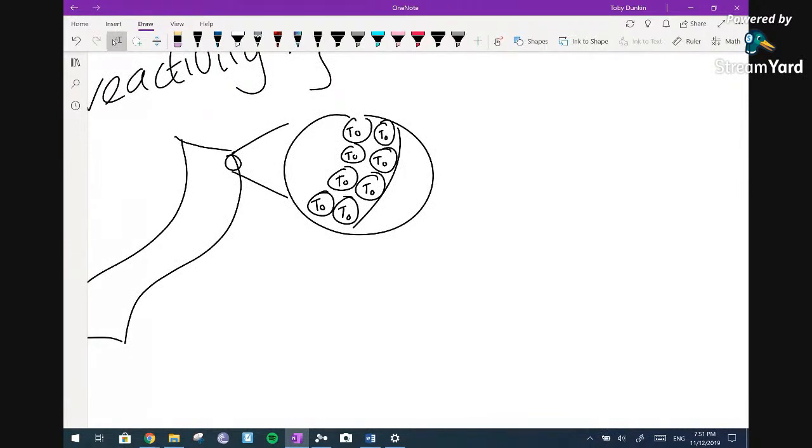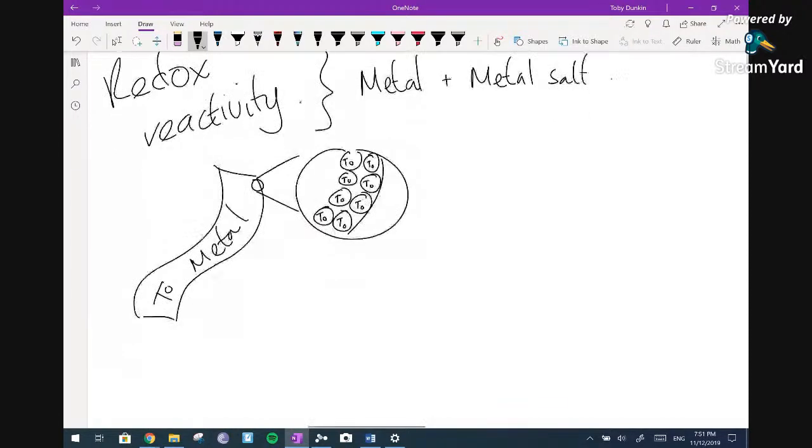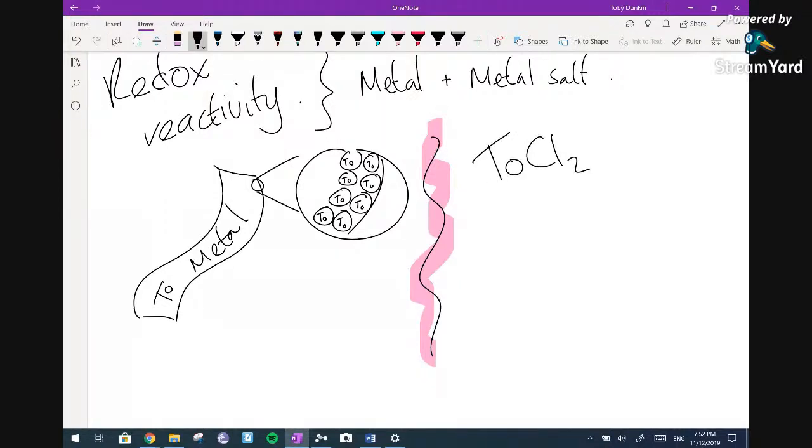And then if I look at what this looks like in terms of a salt solution, so there is tadonium metal. Well, what does a salt solution look like? Let's compare this to tadonium chloride. So let's go TO, and I'm group 2, so ToCl2.